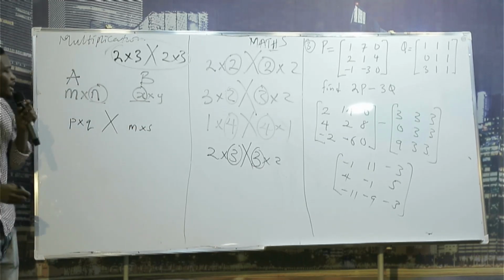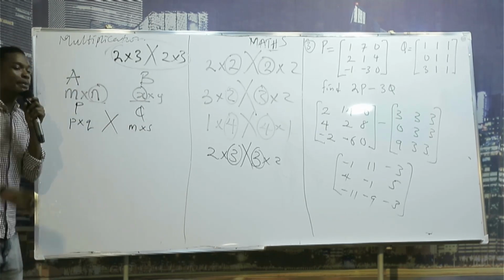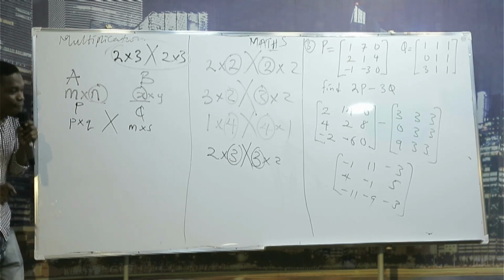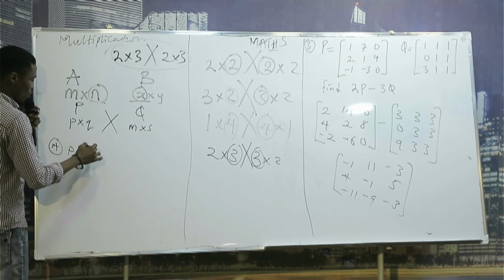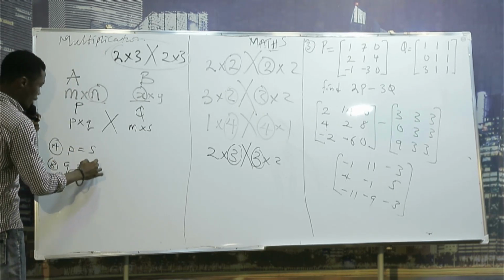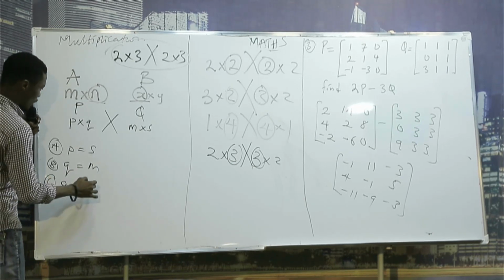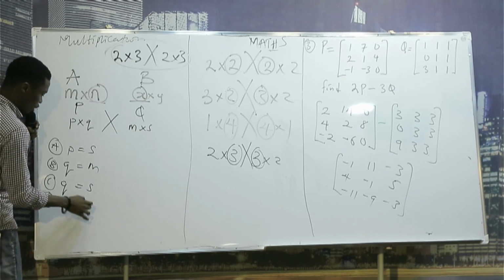They now said the matrices P and Q are multiplicable if: option A, P is equal to S. B, Q is equal to M. C, Q is equal to S. D, M is equal to S.